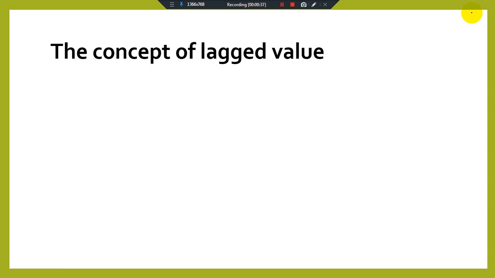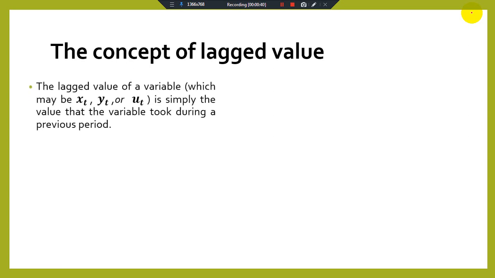Okay, the concept of lagged value or variable. We may have a dependent variable lag, an independent variable lag, and somehow we take the lag of our error term. The lagged value of a variable is simply the value that the variable took during a previous period.